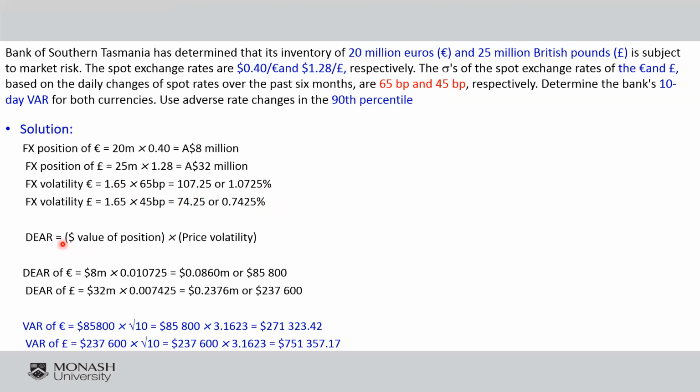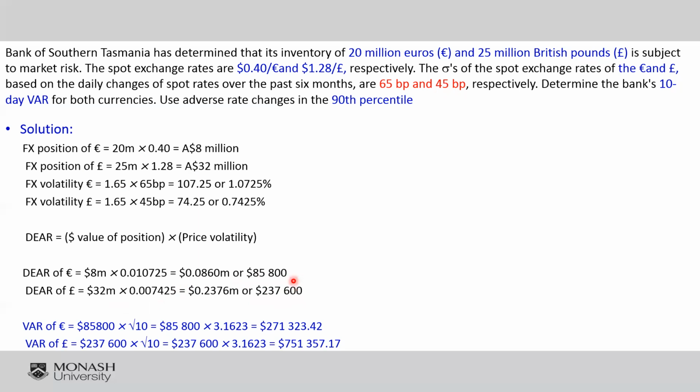Now we want to calculate the DEAR, so we take the value of the position times the price volatility, and we will do it for each position, because we have one position in the euro and one position in the pound. So we find this to be 85,800, and we find this to be 237,600.